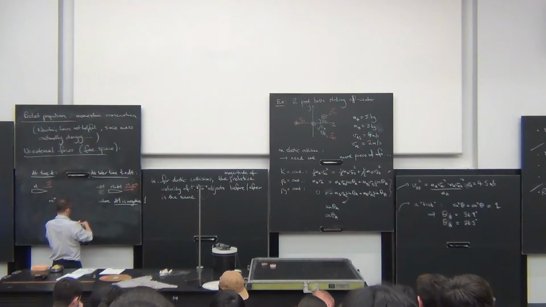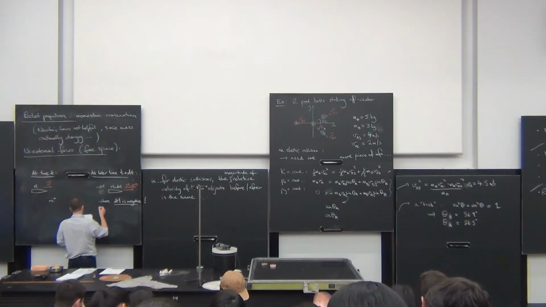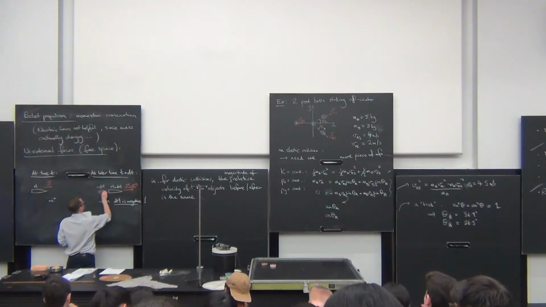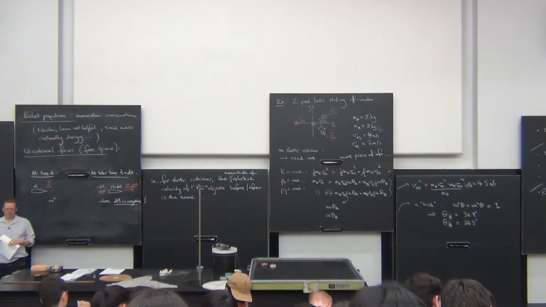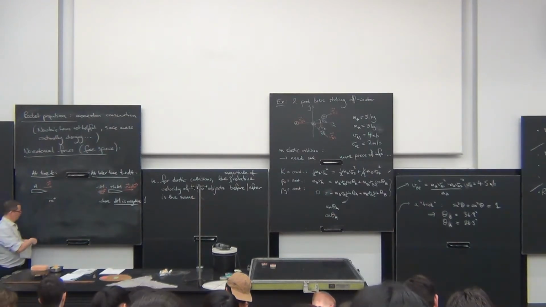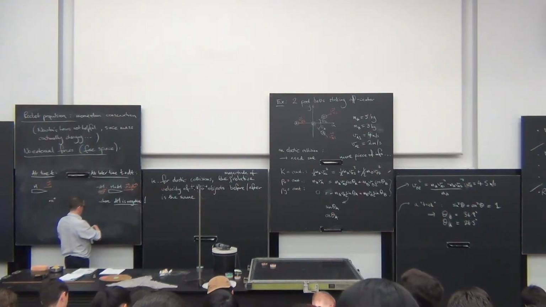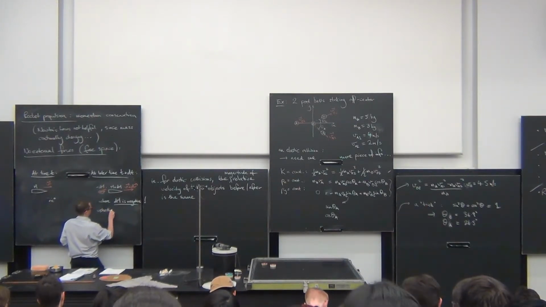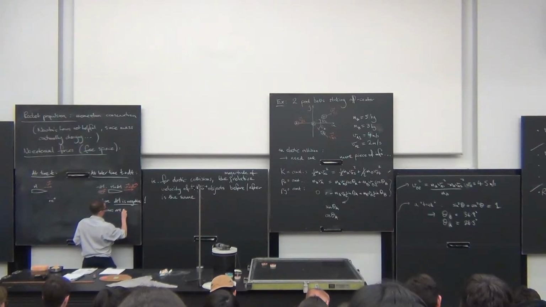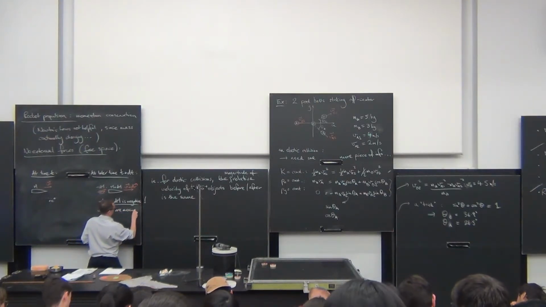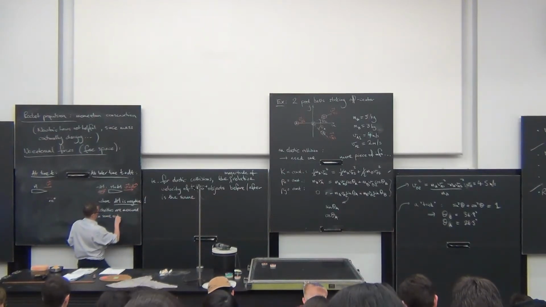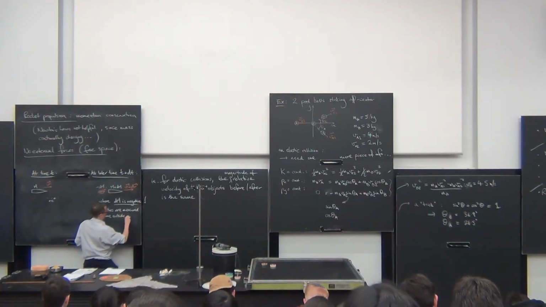And I'm going to worry about the velocity of these exhaust gases. And I need to make a comment about this. I'm going to call the velocity of these exhaust gases v prime. First thing to write here is the velocities are measured in some outside external inertial reference frame.